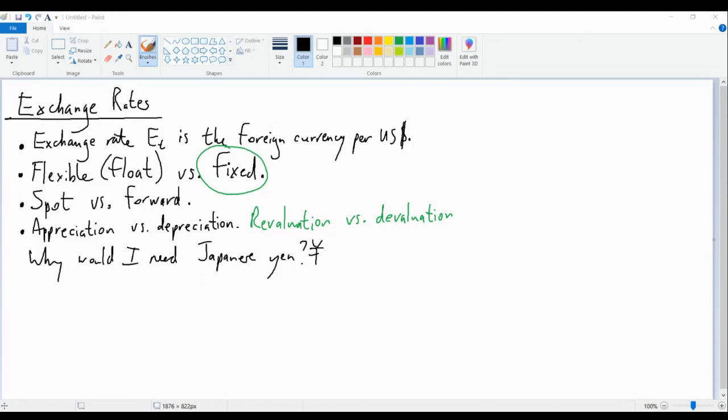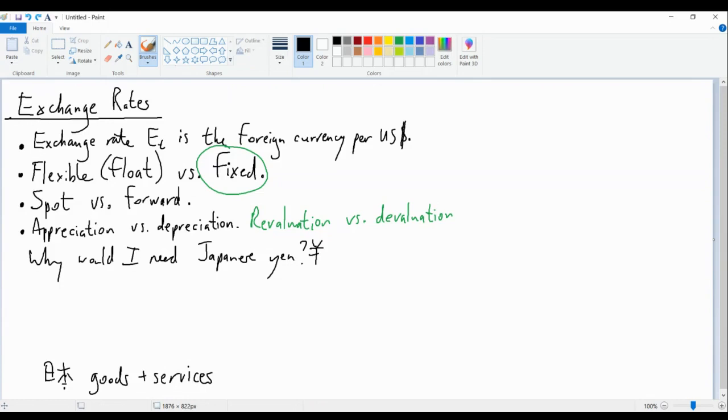So the broader idea that you're getting in when you're planning to travel there, whether it's on vacation or for any other reason, is that you're trying to buy Japanese goods and services. So that's one reason. It's because you want to try Japanese goods or services, whether because you're flying there or because you're trying to import them to the United States.